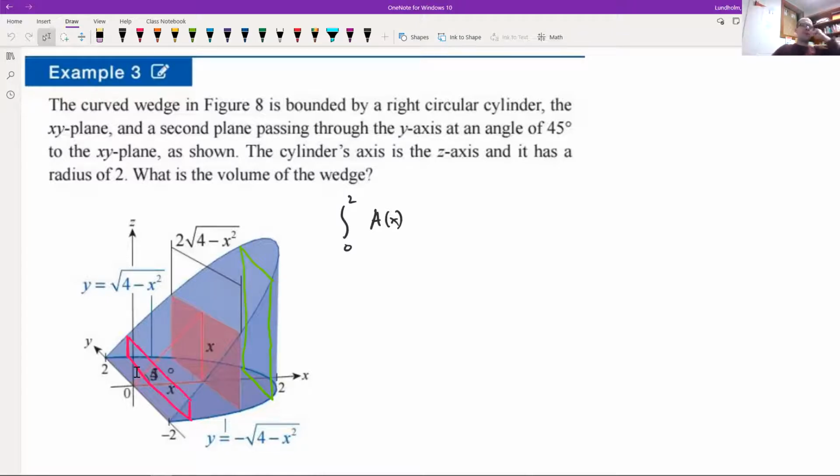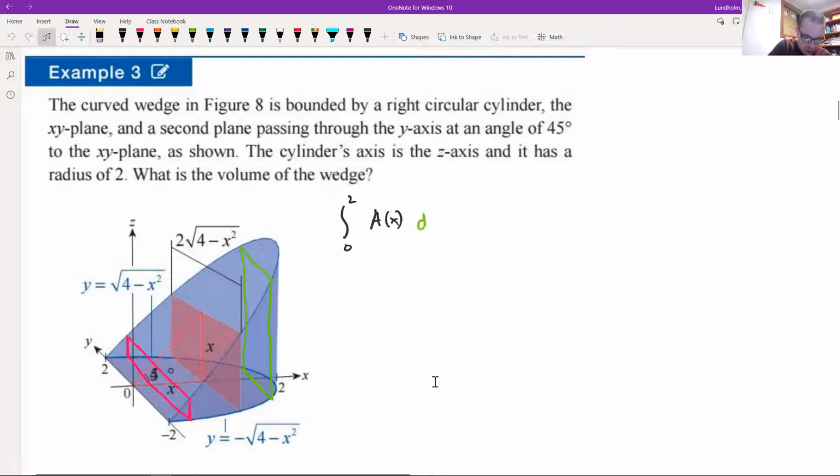We are given a pretty big hint here that, as we go along x units, the height of this rectangle is also going to be x because we have a slant of 45 degrees. So we've got a slope of 1 in that direction.